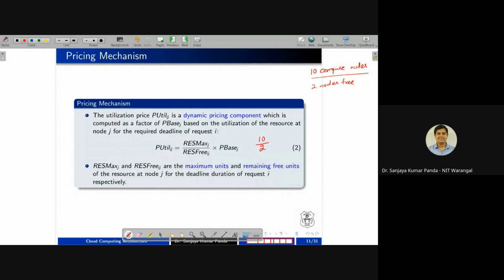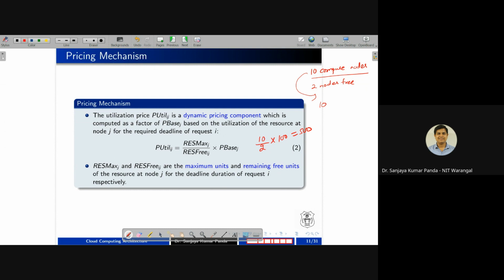So 10 divided by 2 multiplied by P base J, let's say the P base J base price is 100. So how much will you get? 10 by 2 is 5. So it is 500, right? But let's say out of 10 compute nodes, all the 10 compute nodes are free. Means none of the service requests is executed by your resources.